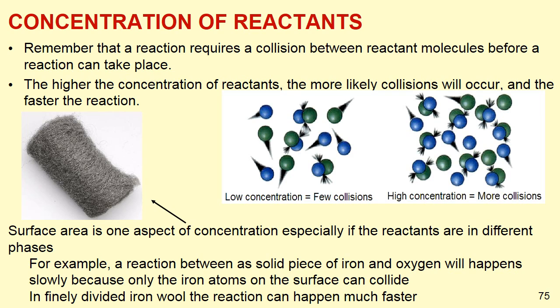A solid piece of iron will react slowly because it doesn't have a lot of surface area, whereas steel wool will react faster. If you were trying to burn it with oxygen, like light it on fire, the steel wool would probably burn pretty quickly, whereas an iron nail would not. So surface area is one aspect of concentration.